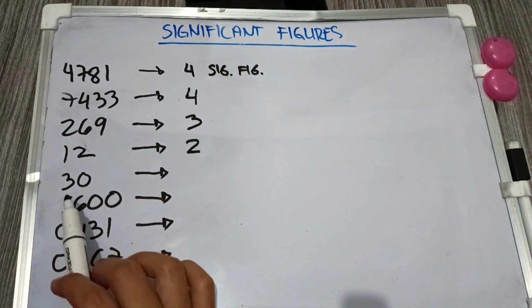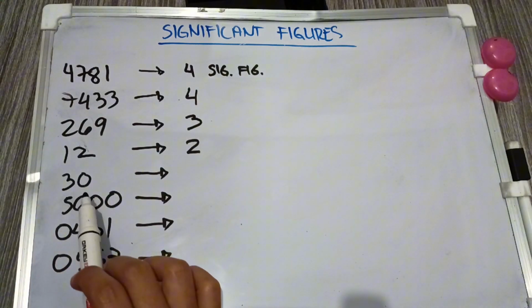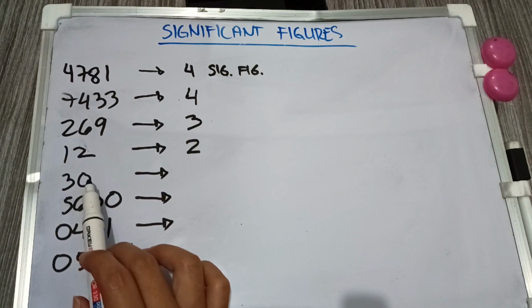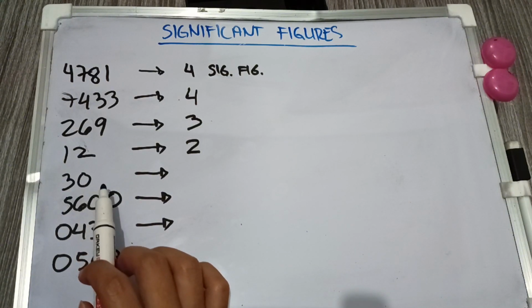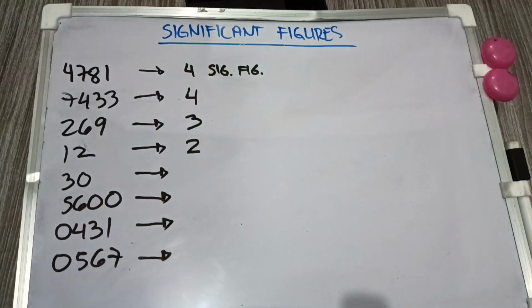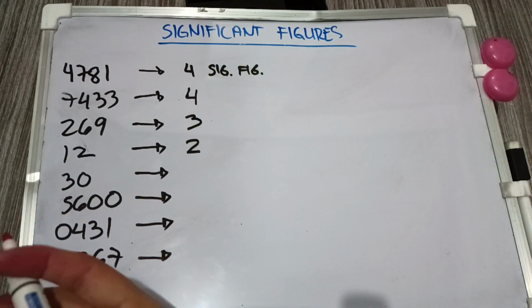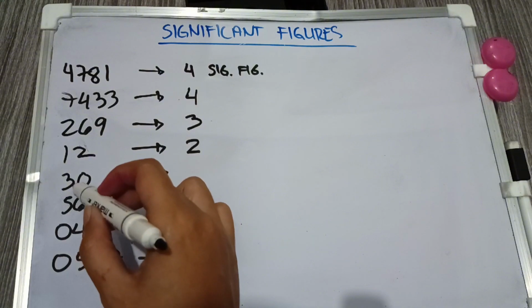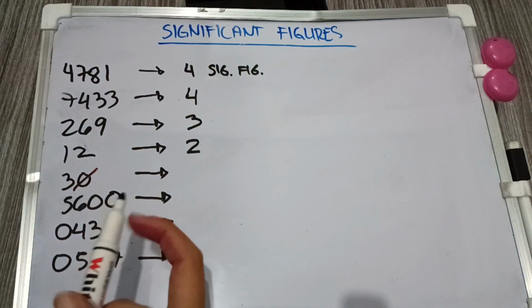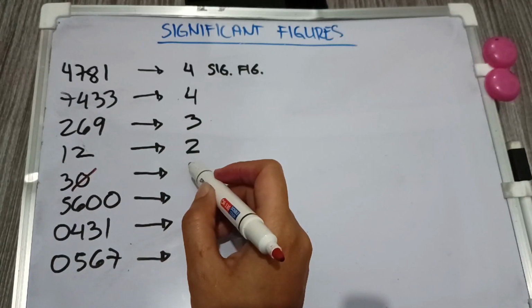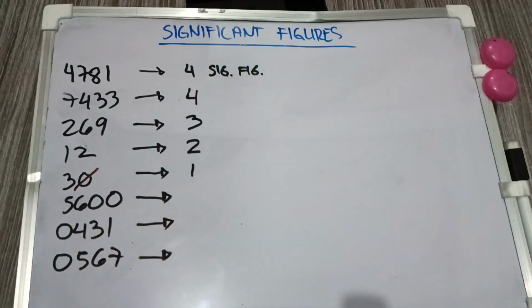Now how about in this example? 0 is not a significant figure, so you cannot count that as a significant figure. So the significant figure is only 1.